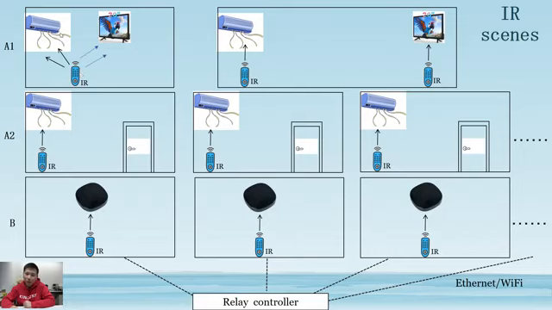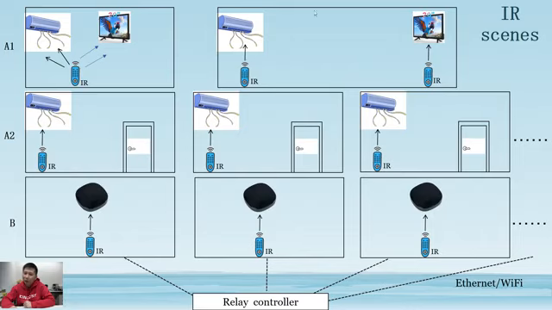Because these two devices are near each other, this IR remote can send a signal to this air conditioning and to this TV, just by one IR remote. But if the room is big, the IR remote signal can only cover this range. It can't cover the TV's range.